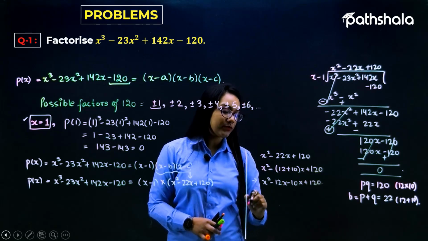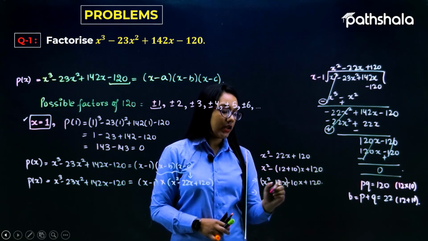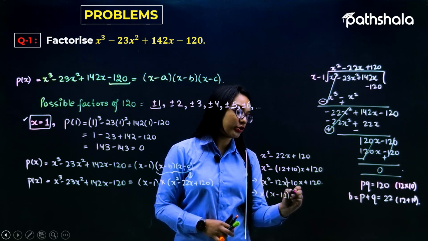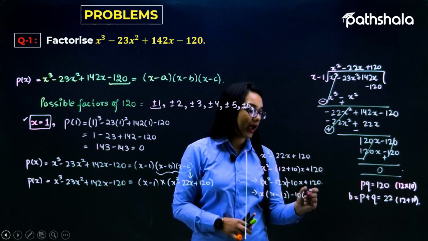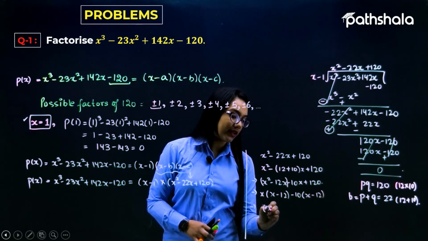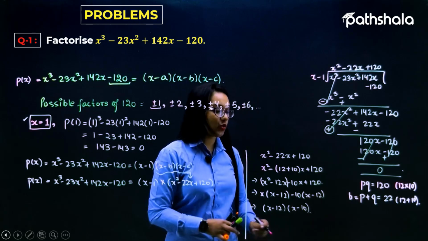Now we can take the terms common. Let us suppose I'm taking the first two terms. Let's just take the term x common out of it. So it is x minus 12. Let us suppose I'm taking minus 10 common out of the second bracket. So it is x minus 12. So at the end we can take x minus 12 common out of all the terms. So it is x minus 12, x minus 10.